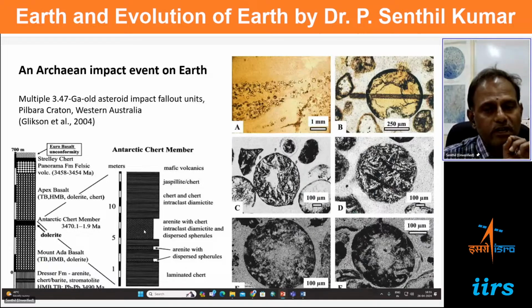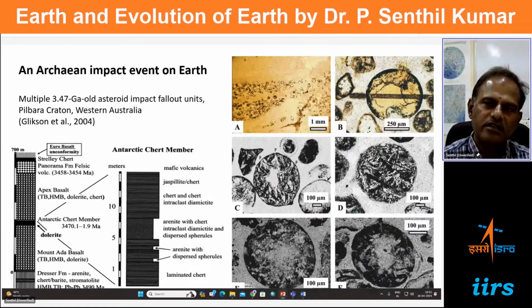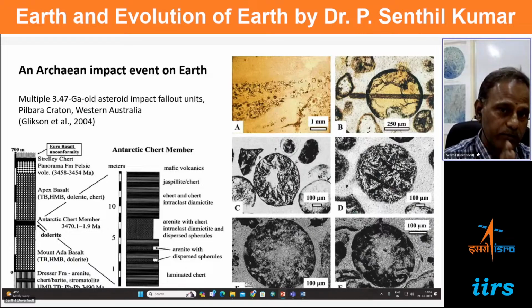These impact materials have many impact spherules. These impact spherules are very diagnostic, very, very common if you look at impact crater materials. So from these spherules, we can say that an impact occurred at that particular time.